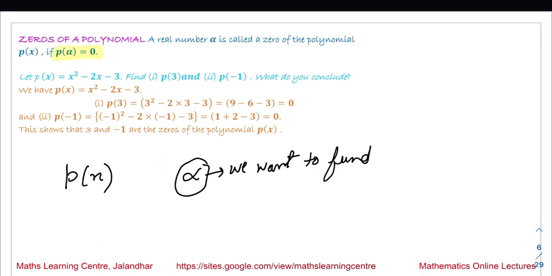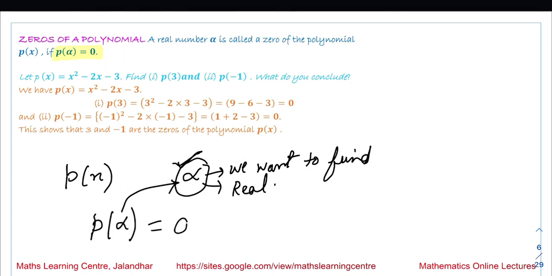What is the property of this number? If we find the value of the polynomial at this point alpha and the answer is 0, then this alpha is called the zero of the polynomial.